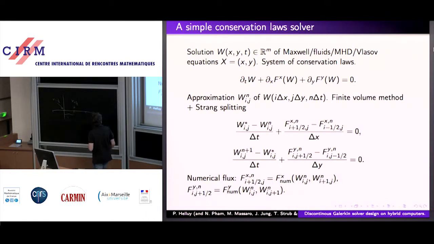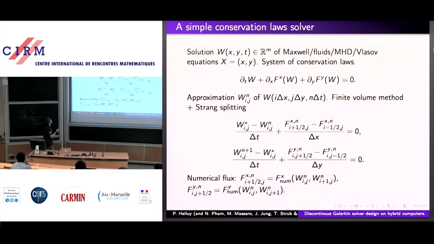And because you have to compute flux differences at the boundaries of the cells, you have to introduce a numerical flux here that depends on what is in cell I and what is in cell I plus 1. So this is cell I plus 1 here. And because you have discontinuous approximation of the conserved quantities, you need to introduce something that depends on the two sides at the boundary of the cells.